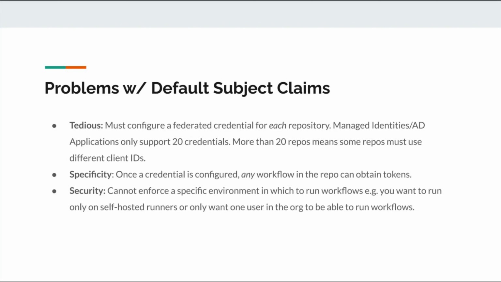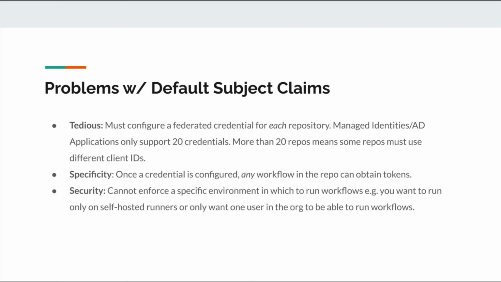And these managed identities and Active Directory applications only support 20 credentials. So that means, if you have more than 20 repos, you have to create new managed identities or AD applications. And each of those identities use different client IDs. So some of your repos might use different client IDs, and it's kind of a mess sometimes.